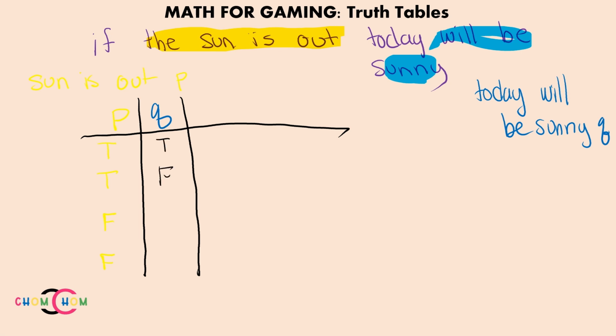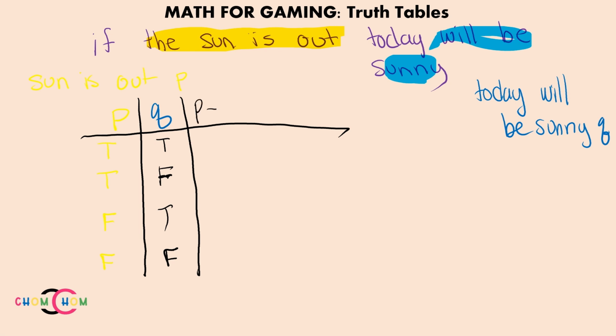One of them is going to be true, false. These are just all the possibilities for outcomes in our statement. There's a possibility for them both to be true. There's a possibility for one to be true, one to be false. There's a possibility for P to be false and Q to be true, and both to be false.